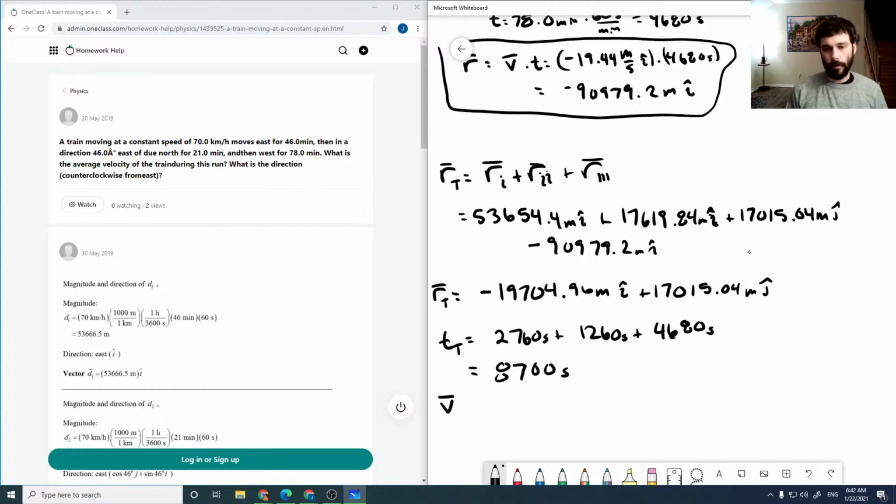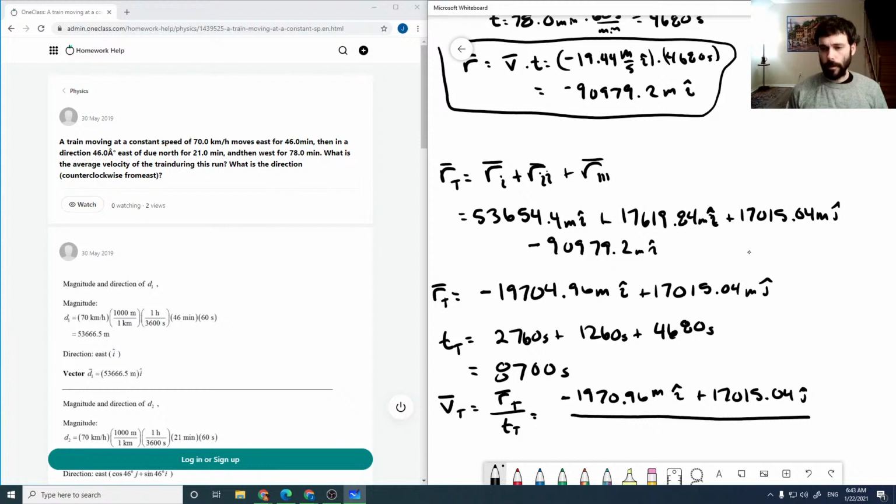So my total velocity is my total displacement over my total time. So it's this guy over my total time, so 8700 seconds.